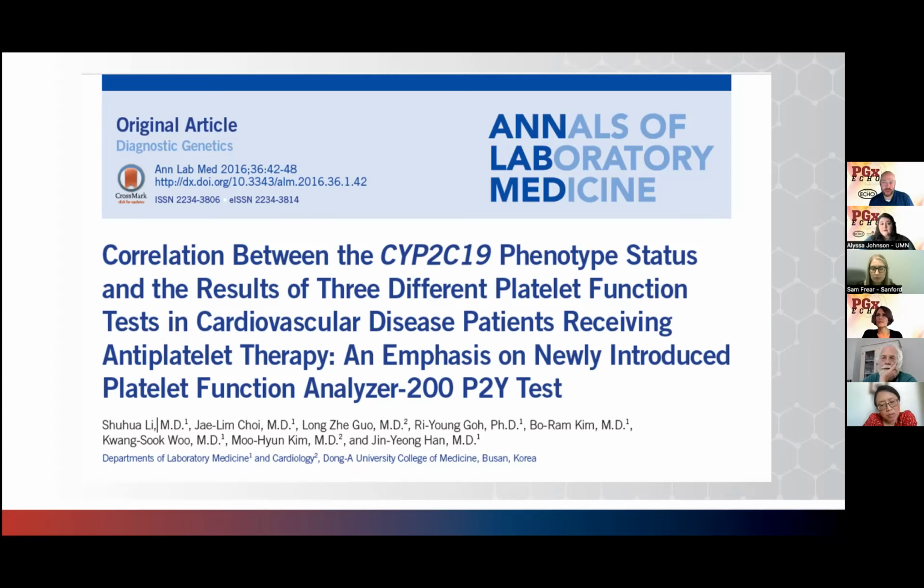I thought I'd throw you a little information, not necessarily about what the test is, but more about whether these things correlate amongst these studies. Should we normally see the phenotyping platelet reactivity tests match the genotyping tests?